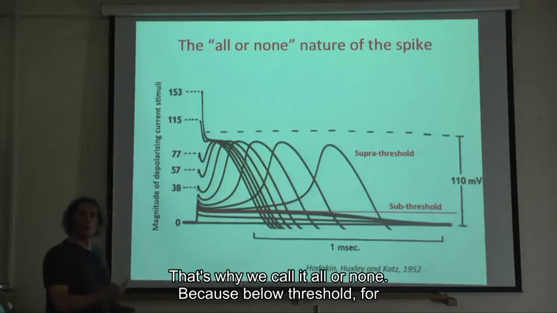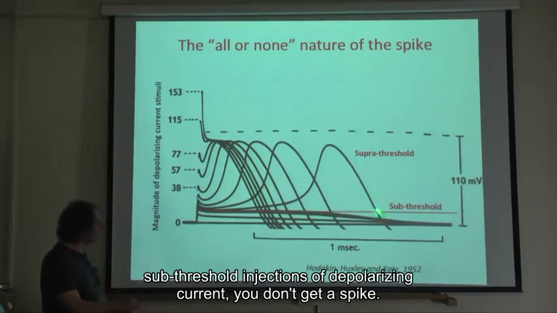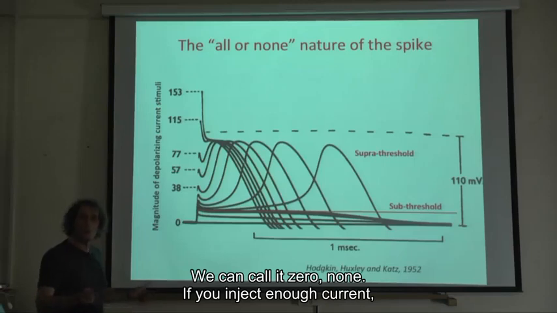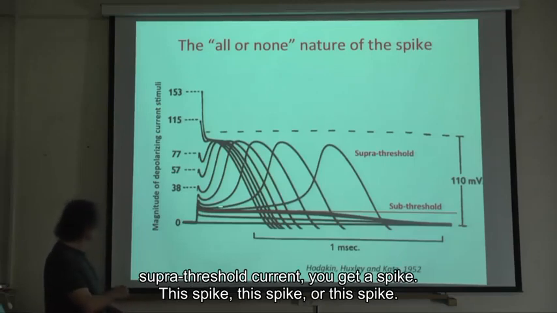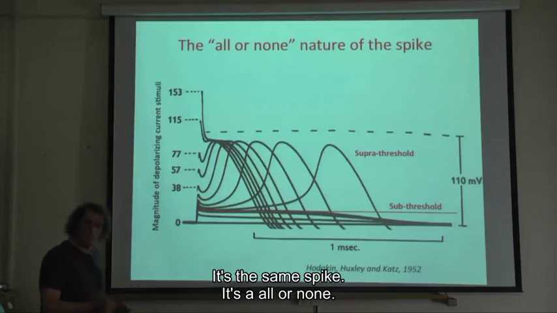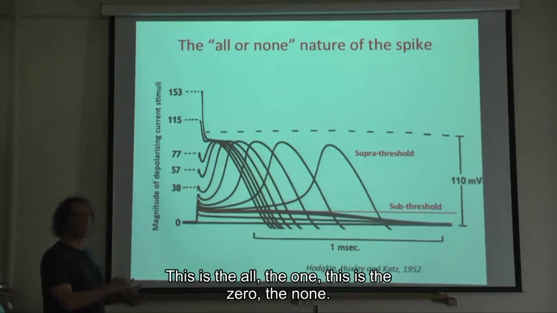That's why we call it all or none: for subthreshold injections of depolarizing current, you don't get a spike. We can call it 0, none. If you inject enough suprathreshold current, you get a spike. This spike, or this spike, it's the same spike. It's all or none. This is the all, the one. This is the 0, the none.